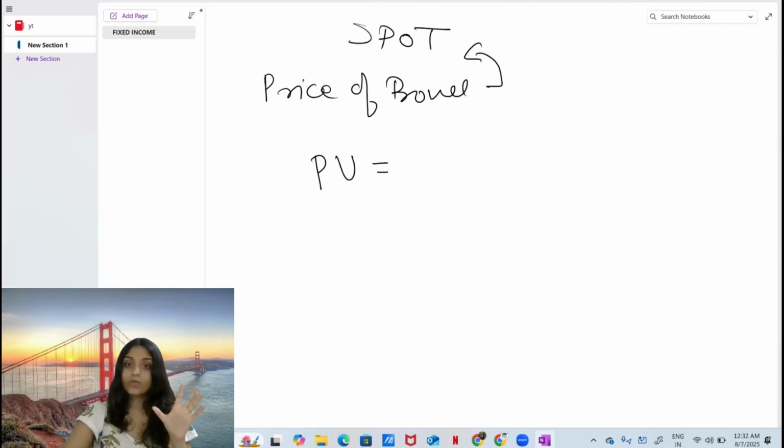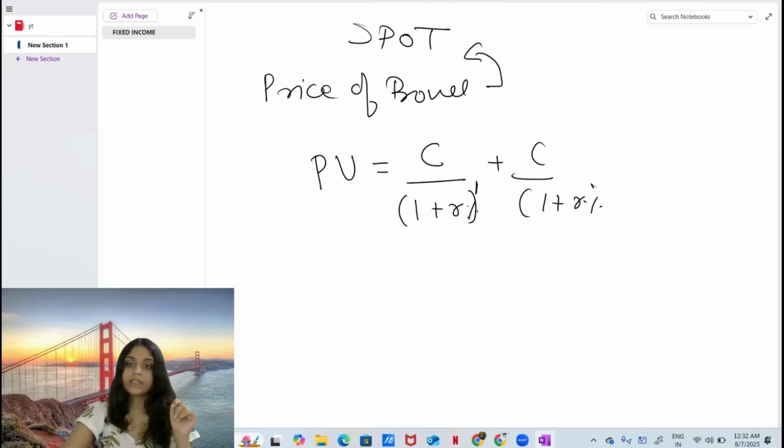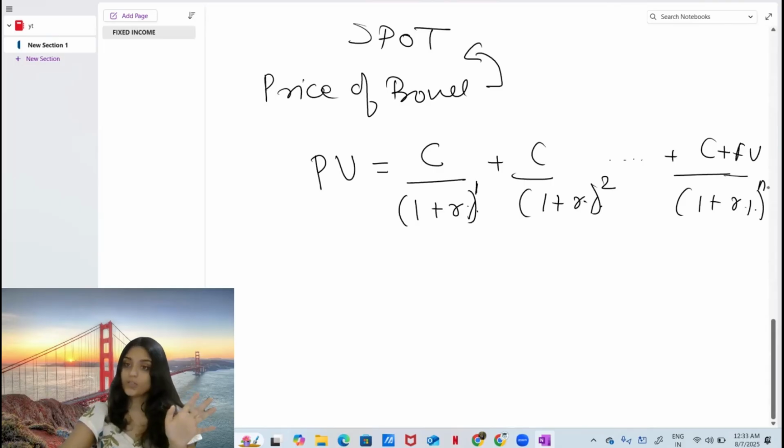Present value is equal to coupon divided by 1 plus spot rate, not YTM, spot rate, for the first year, plus coupon divided by 1 plus R percent to the power 2, and so on, plus C plus FV divided by 1 plus R percent to the power N, where N is whenever the bond matures.